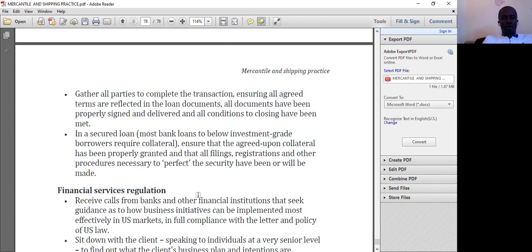They also gather all parties to complete the transaction. And in a secured loan, most banks ensure that the agreed-upon collateral has been properly granted, and that all the filings, registrations, and other procedures necessary to perfect the security have been or will be made.